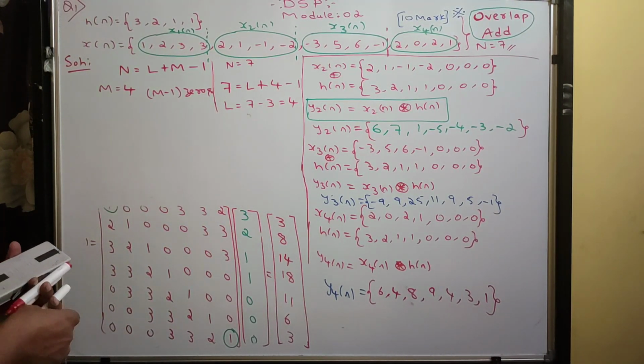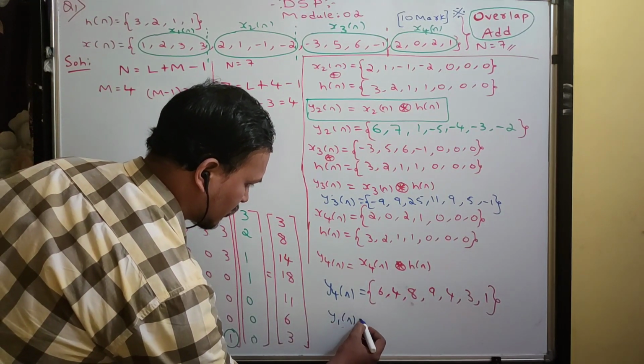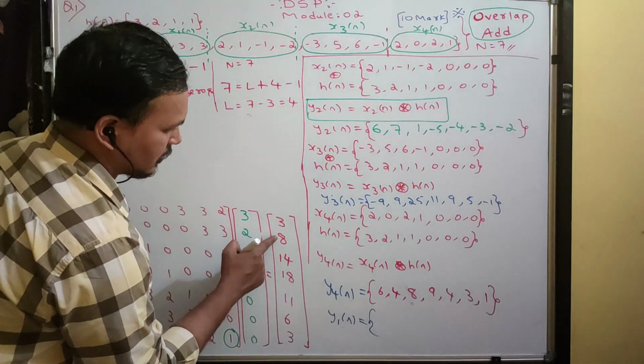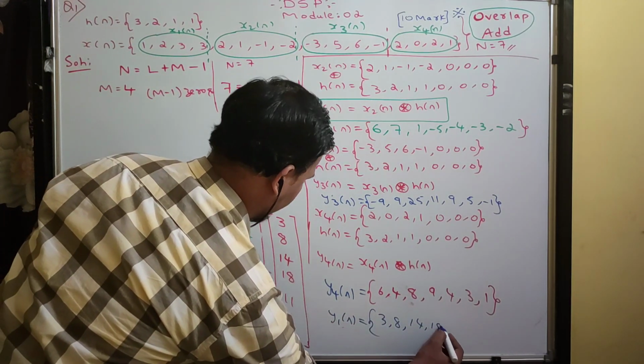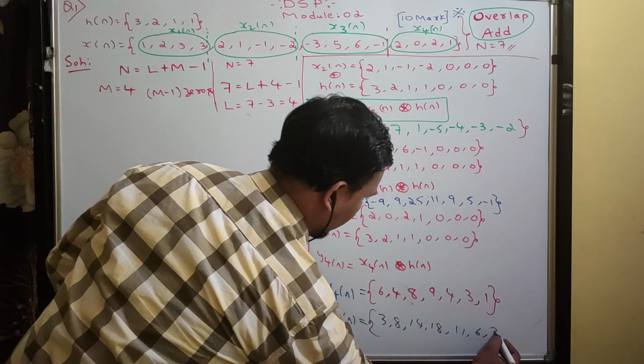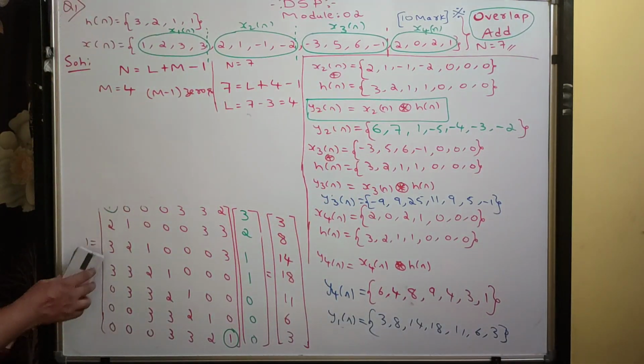Now, for simplicity, I will write y1 of n outputs here. y1 of n: 3, 8, 14, 18, 11, 6, 3. That is y1 of n. Now I am erasing.